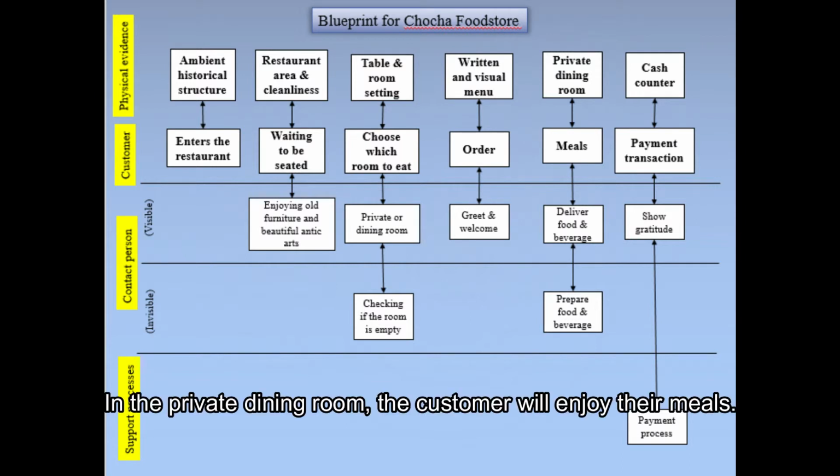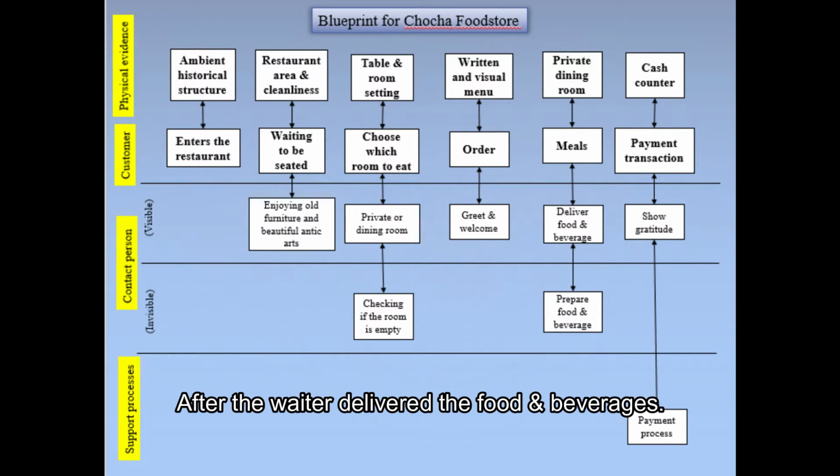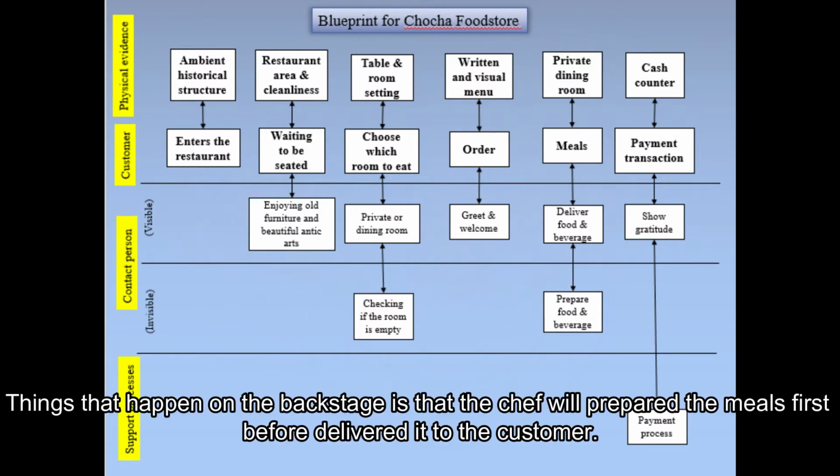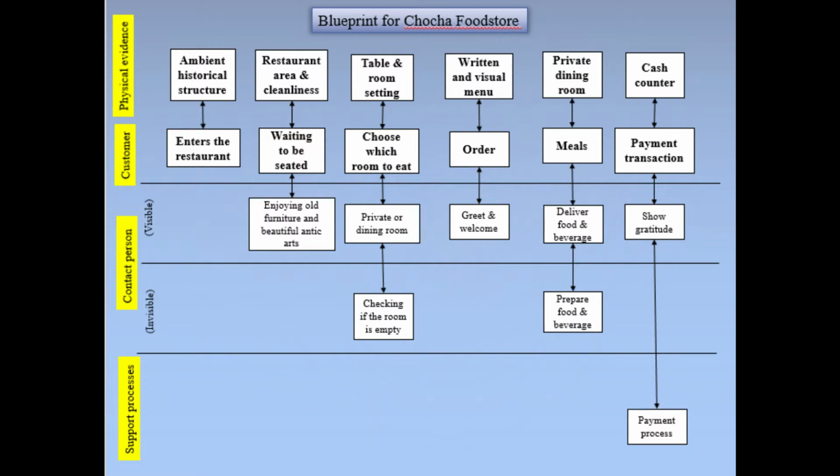In the private dining room, the customer will enjoy their meals. After the waiter delivers the food and beverage, what happens backstage is that the chef will prepare the meal first before delivering it to the customer.